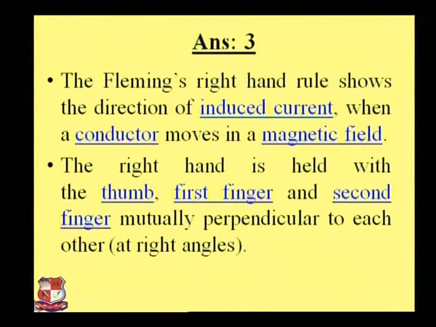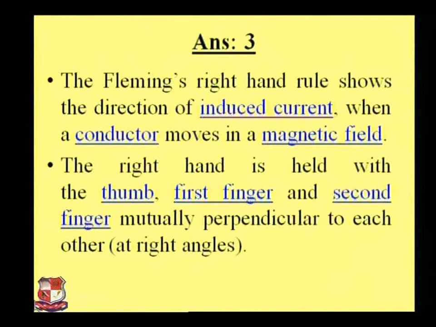The next question 3, the Fleming's right-hand rule. The Fleming's right-hand rule shows the direction of the induced current. So whenever you have to find out the direction of current, the Fleming's right-hand rule is very useful.